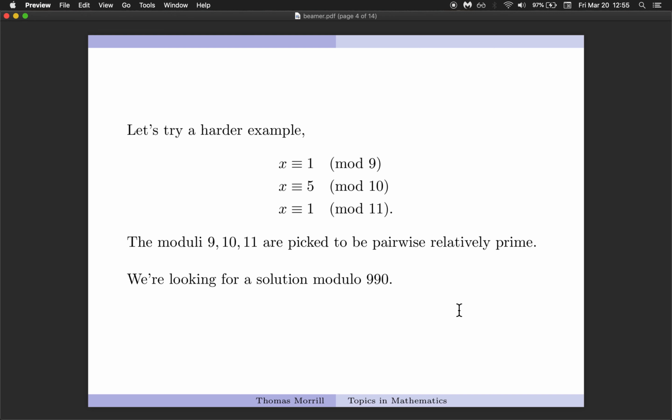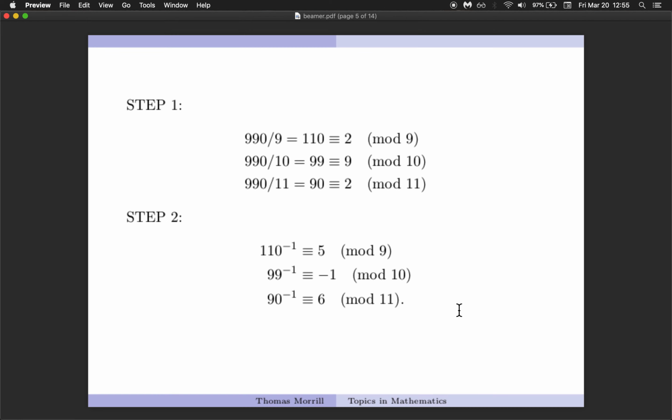The method that I use is still the same method that I used in yesterday's lecture. It comes in 3 steps. For the first step, I want to find the product of these moduli, excluding one of them at a time. So I know that all three together make 990. When I'm looking mod 9, I want to find the residue of 110, which I picked to be 10 times 11.